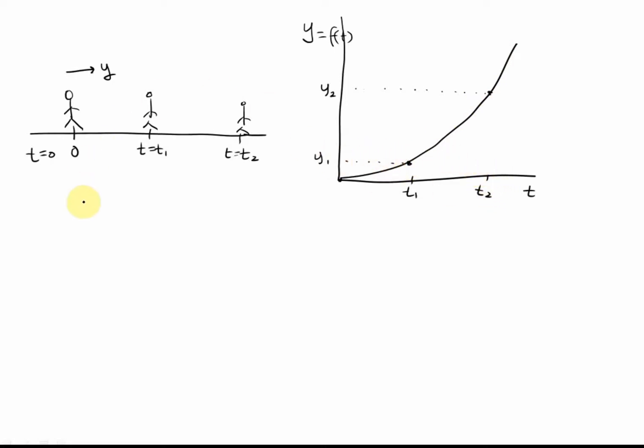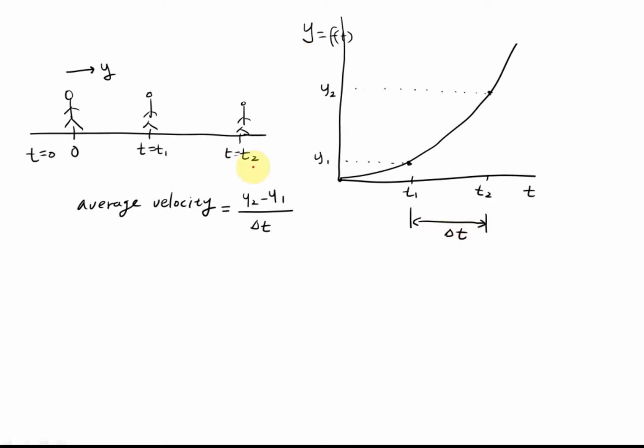Then I want to get the average velocity during the time from t1 to t2. Okay, so the average velocity is the displacement, which is y2 minus y1, over delta t. So I want to say between t1 and t2 is delta t.